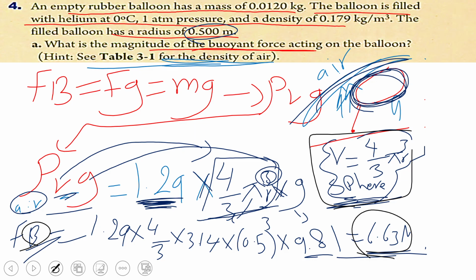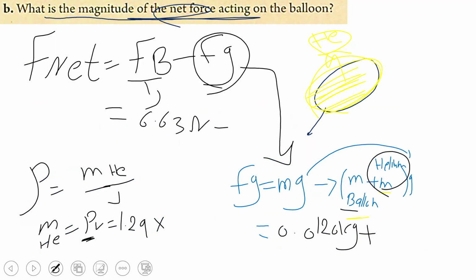Instead of the volume, we wrote the volume of the sphere. And here, same thing. Maybe you ask: we have to find the mass of the helium, so why do you write the volume of the sphere?